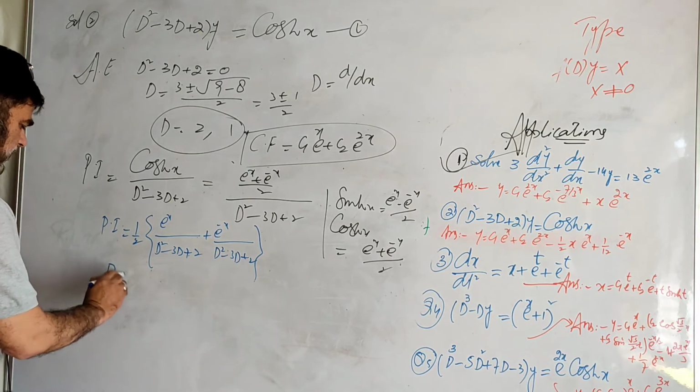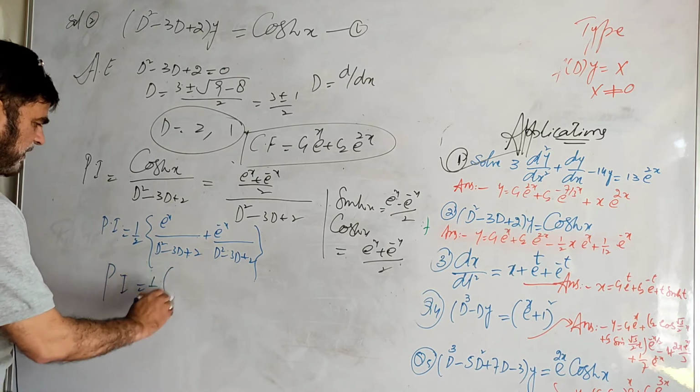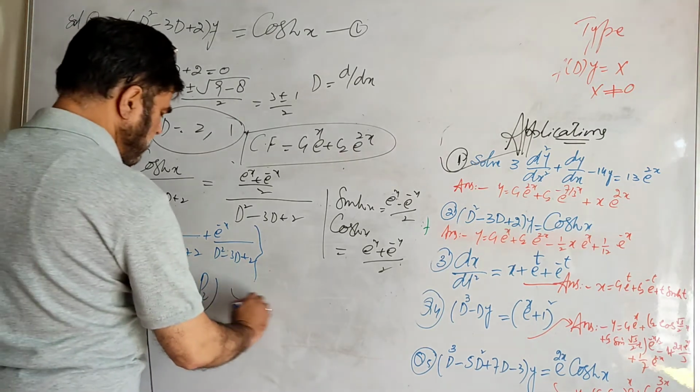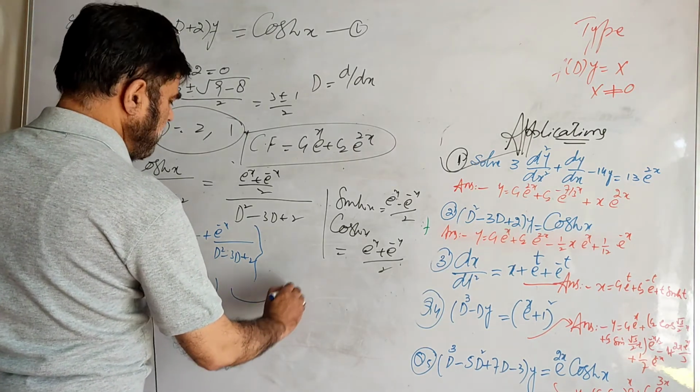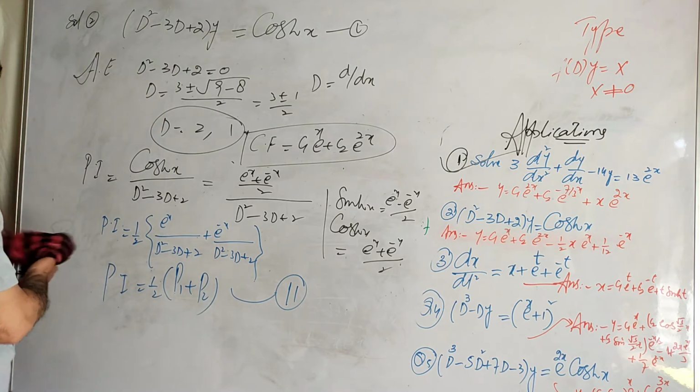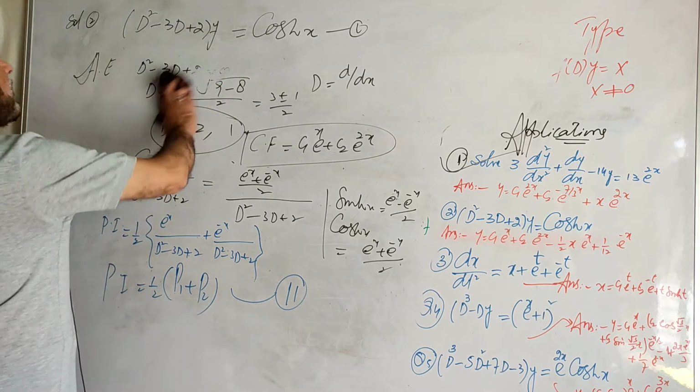I will write this 1 by 2, and I will write this part as p1 and this is p2. This is my equation, the second one. I will find out the p1 particular part of this.